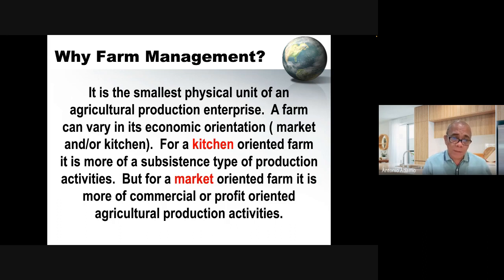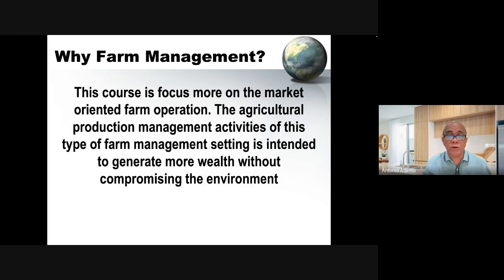That means, may it be service oriented, may it be for kitchen, may it be for market, if it helps you provide a good living condition, that's livelihood. So that is a very important context, that a farm need not be entirely for market. It can also be for kitchen orientation.